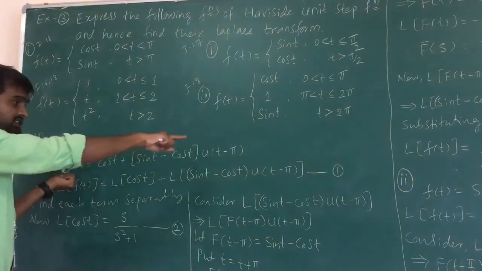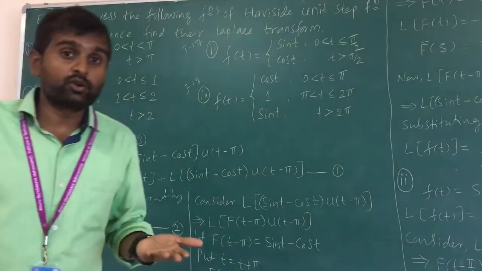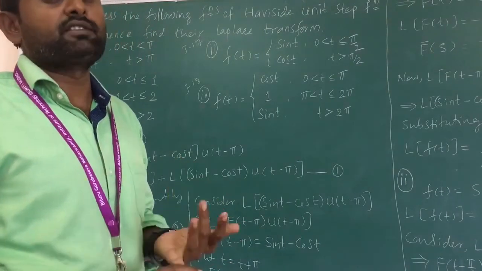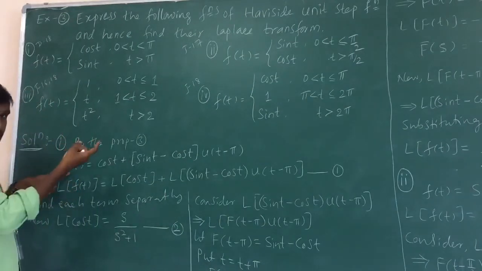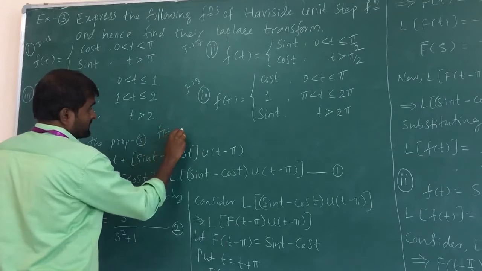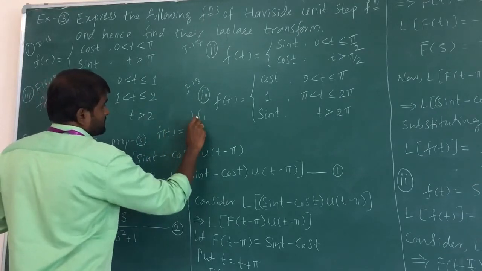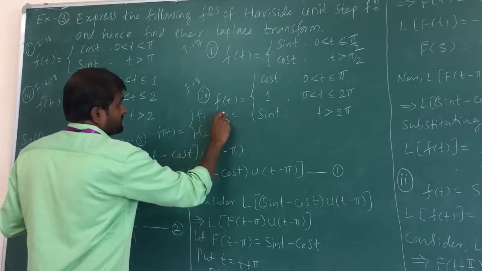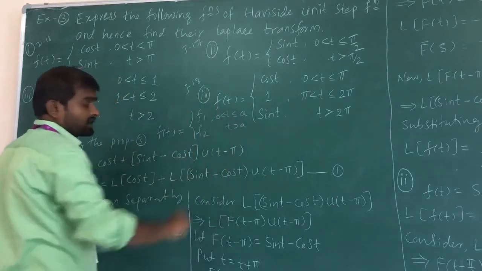We need to express that discontinuous function in terms of the Heaviside unit step function. Here f of t is f1 when t lies between 0 and a, and f2 when t is greater than a.